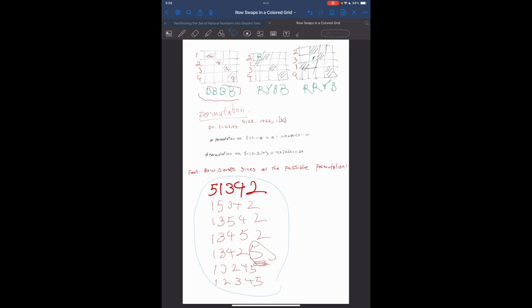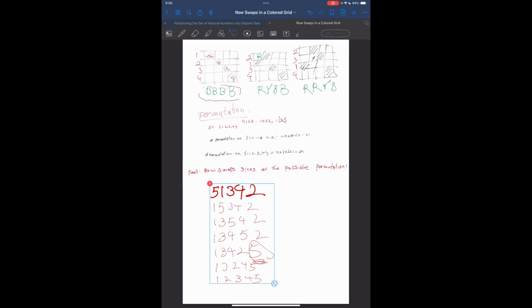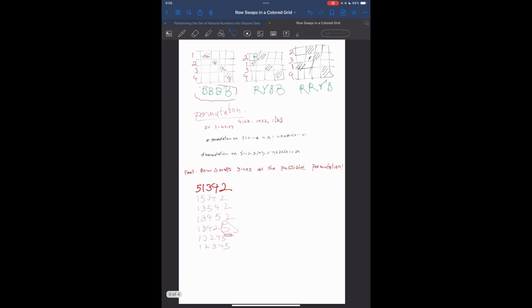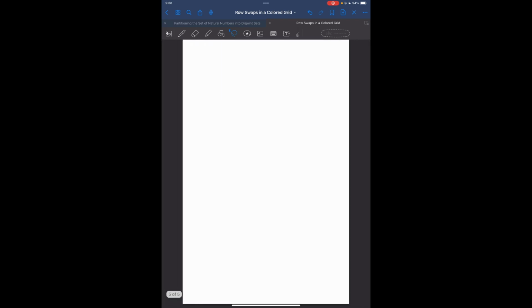Swapping here is not relevant anymore. We just think about all possible permutations, and then each permutation produces a specific configuration, a specific arrangement for the diagonal, and from there, we want to see how many different arrangements we get. Okay, sounds good. Now, one very fundamental observation.